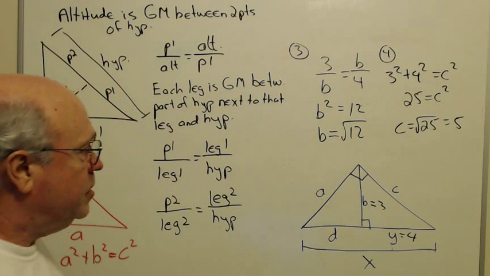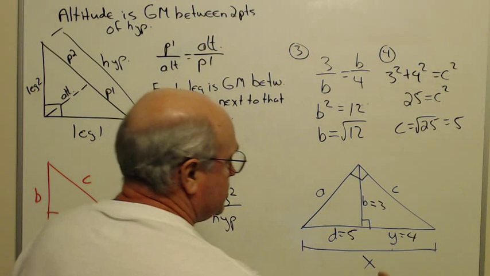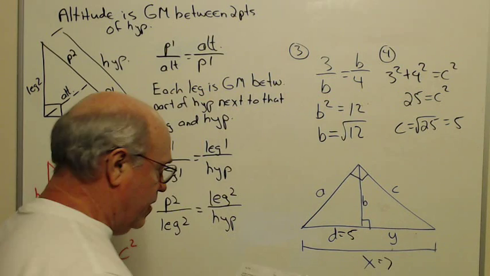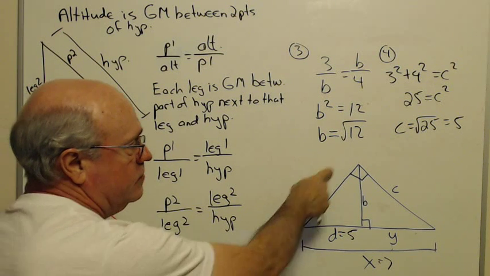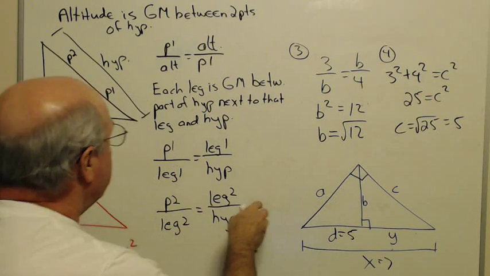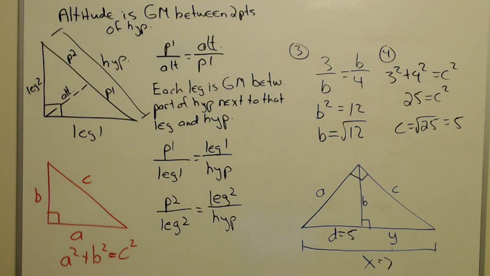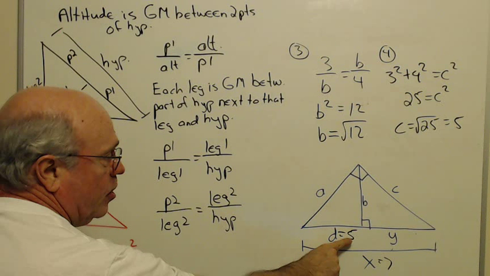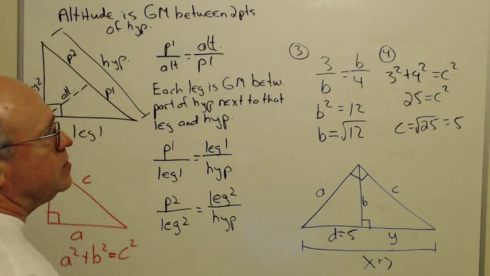On number 5, we get D is 5, X is 7, and this time we're out to find the value of A. Well, A is one of the legs of this right triangle, and the rule says the leg is the geometric mean between the part of the hypotenuse next to that leg and the whole hypotenuse. So A is the geometric mean between 5 and the whole hypotenuse, which is 7.